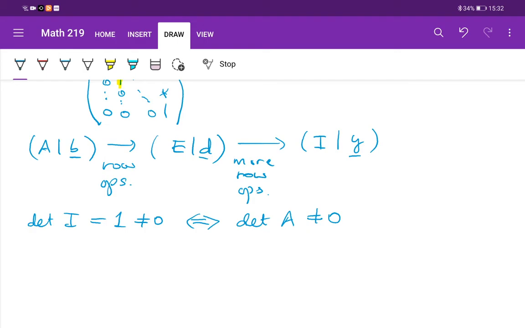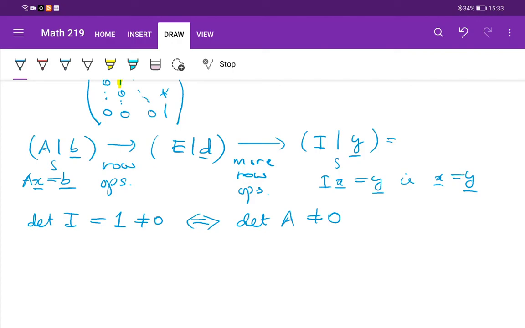Here, this corresponds to the equation Ax = b, and this corresponds to a set of equations Ix = y, and the only solution of that is x = y. So you can see here, this has the unique solution x = y.